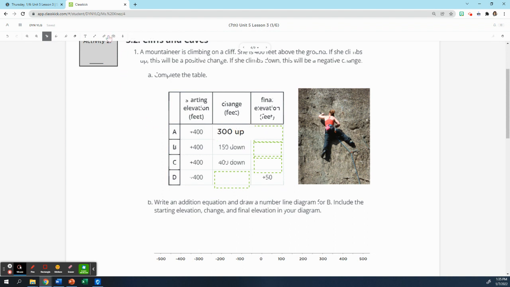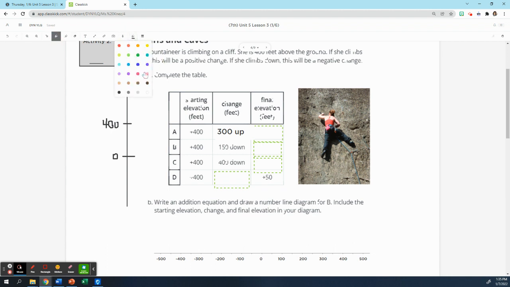So we can imagine what this might look like on a number line. For example, if I had a vertical number line, I know that my climber is starting at positive 400. Then I know that in row A, the climber is moving 300 feet up, which just means that we're adding 300.